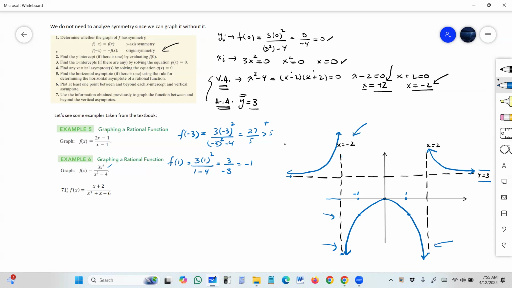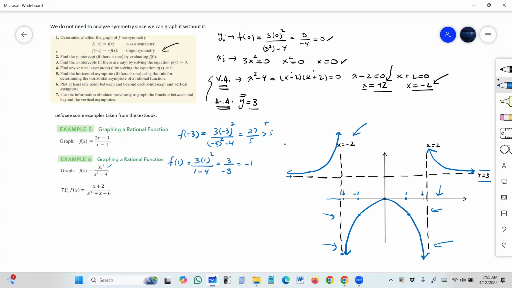Because of the asymptote. So if we have asymptotes at some point, the graph must go toward them. So this is the graph for the rational function in example 6. Now, if you're not sure, you can pick a point very close to -2 on either side.